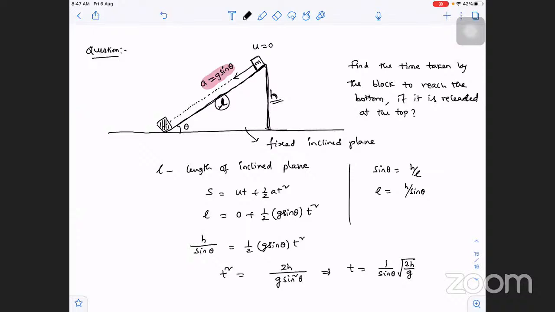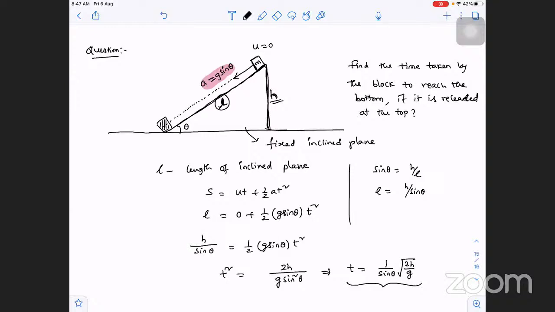Because under root, sin square theta in the denominator comes out as 1 by sin theta, and root 2H by g remains. So this is the time taken to reach the bottom of the inclined plane.